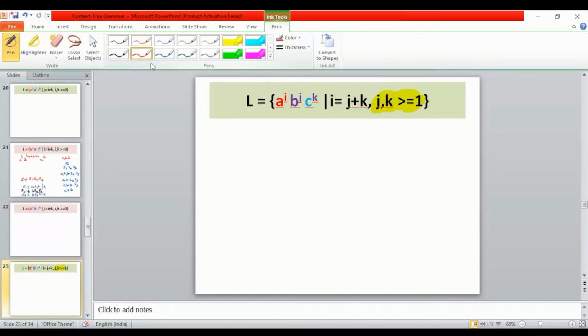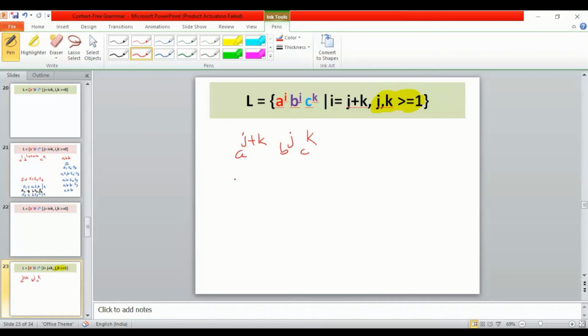If we write the grammar for this, it is like this: A raised to I, B raised to I plus K. Sorry, it is I is equal to J plus K this time. So I have to replace the value of I. So it is A raised to J plus K, B raised to J, C raised to K.